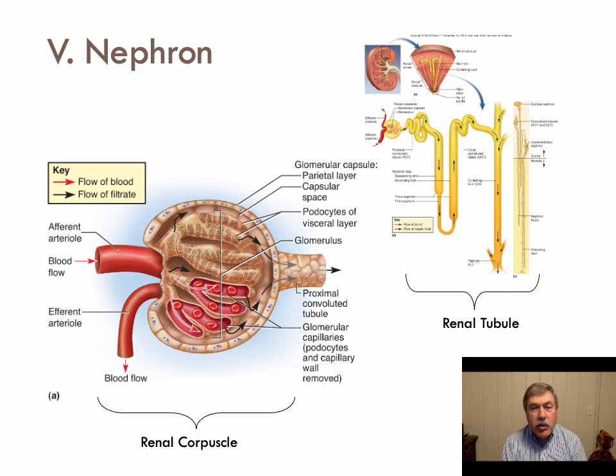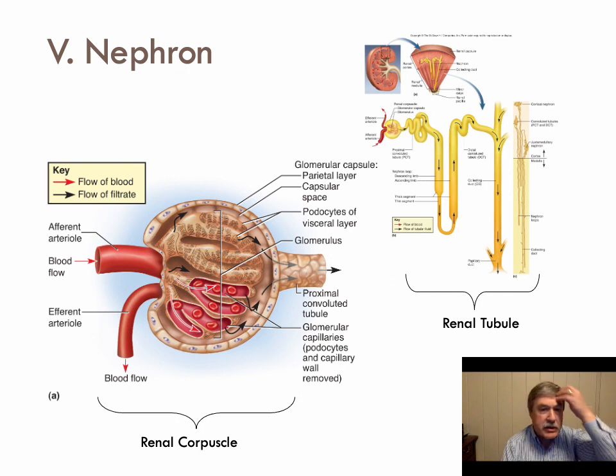Okay, here's the renal corpuscle. The renal corpuscle is composed of the glomerular capsule, which has an inner and outer layer, and in between is the capsular space where the filtrate passes into after it goes through the filtration apparatus.